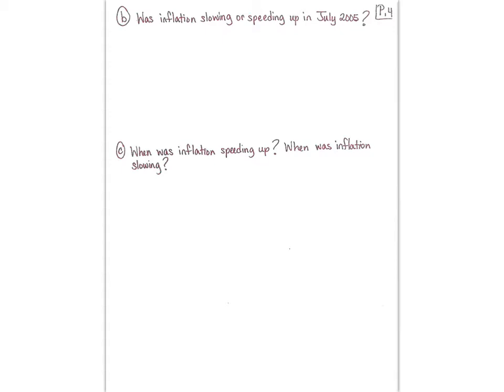Now, continuing with that same example, was inflation slowing or speeding up in July 2005? Well, whenever we ask that, we need to talk about the derivatives, right? We need to talk about the second derivative to figure out if it's going to be positive or negative, specifically.